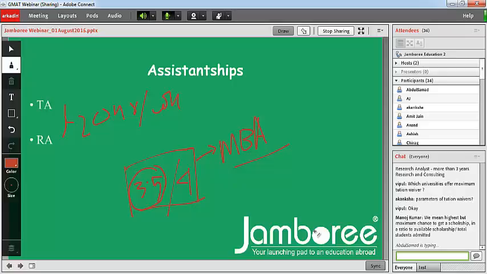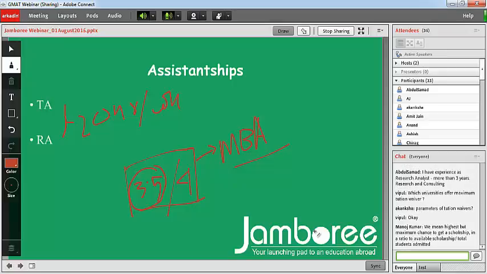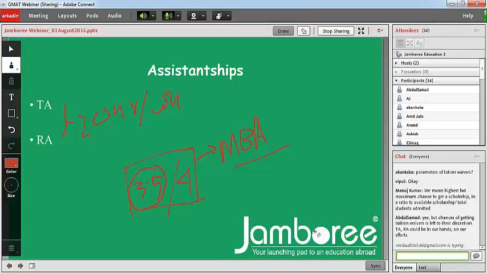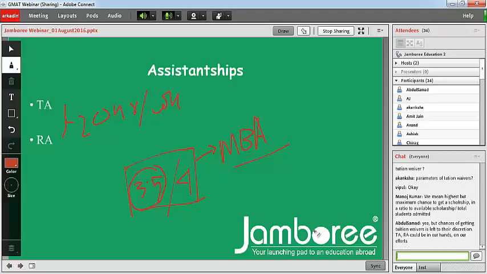Okay, Manoj, the maximum chance to get a scholarship: as I said, the US universities are most liberal. These numbers vary year to year. Once upon a time, anybody applying to the University of Toronto's Rotman was given a 30,000 Canadian dollar scholarship, but that is no longer the case.